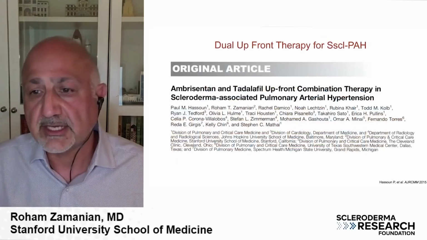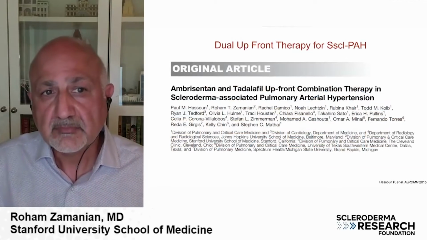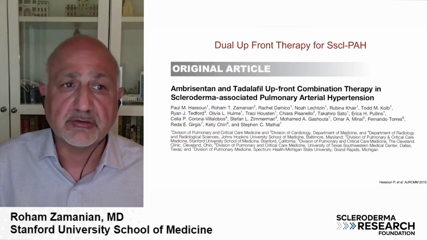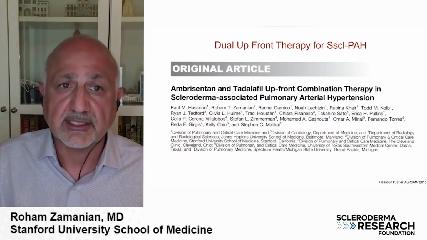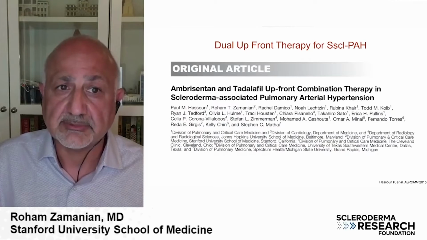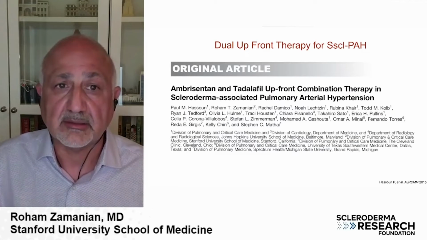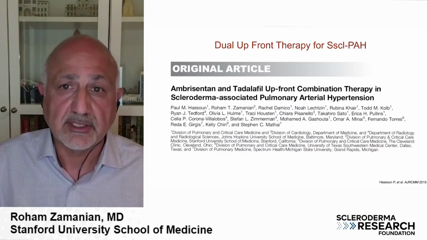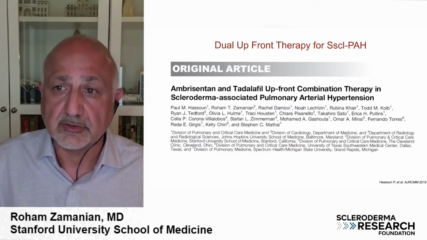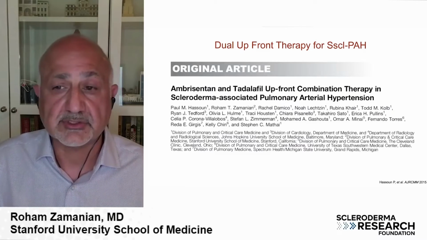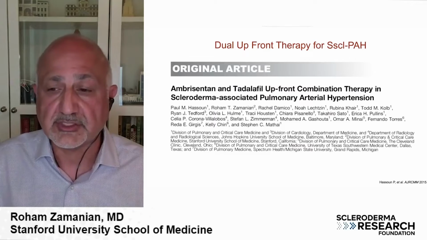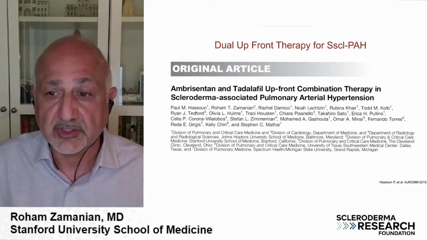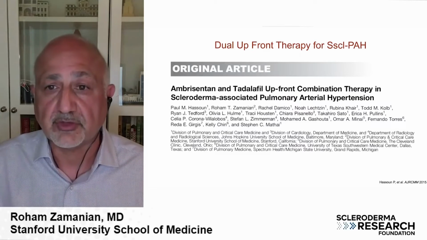So the first thing I'd like to talk to you about is the combination of ambrisentan and tadalafil, an endothelin receptor antagonist and a vasodilator, tadalafil, as upfront therapies for patients with systemic sclerosis associated PAH. This is the work that was led by our colleagues at Johns Hopkins, and we were fortunate enough to contribute.